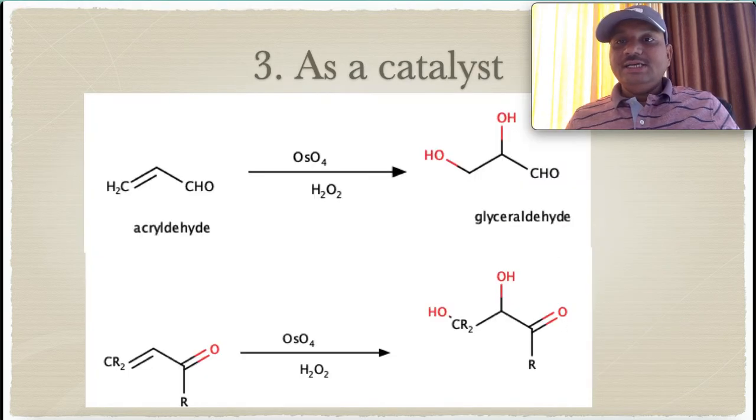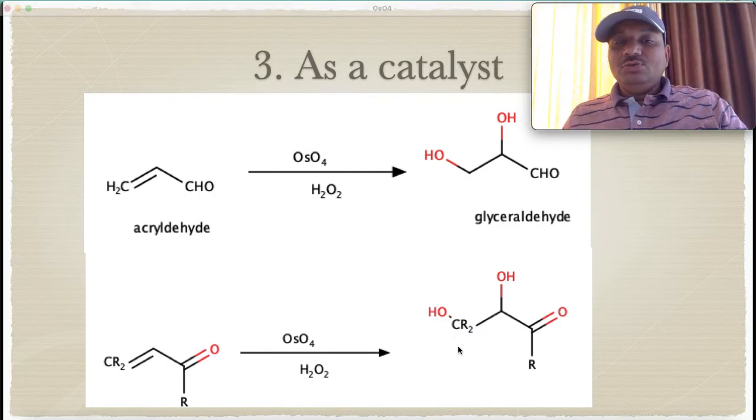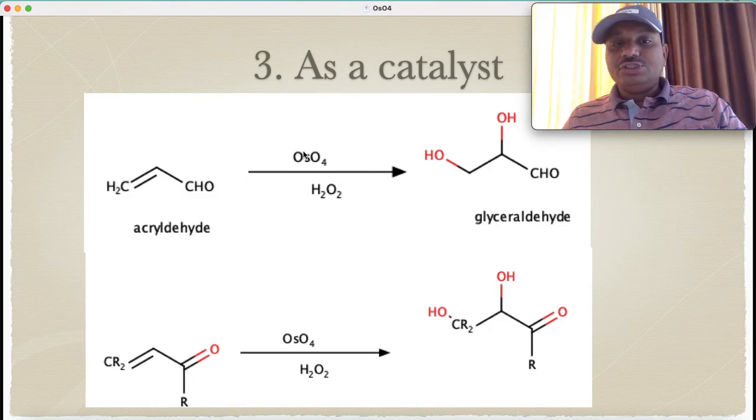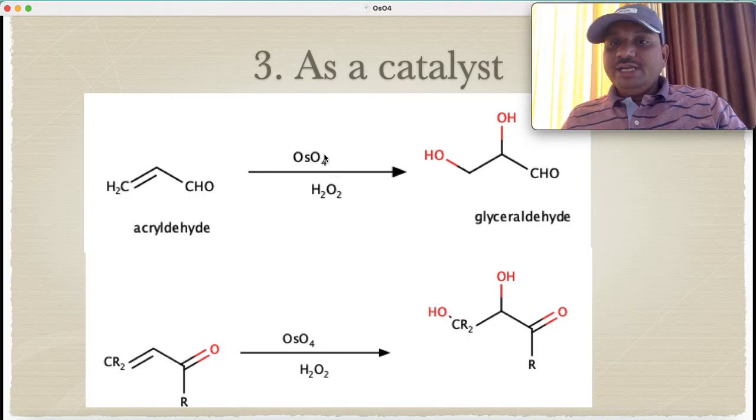The last synthetic application is that it is used as a catalyst. As we know, osmium tetroxide is expensive and has a higher cost. It is used with another oxidizing agent, and it acts as a catalyst. Consider the example of acrylate, that is CH2=CH, on treatment with hydrogen peroxide in the presence of osmium tetroxide, we get glyceraldehyde.